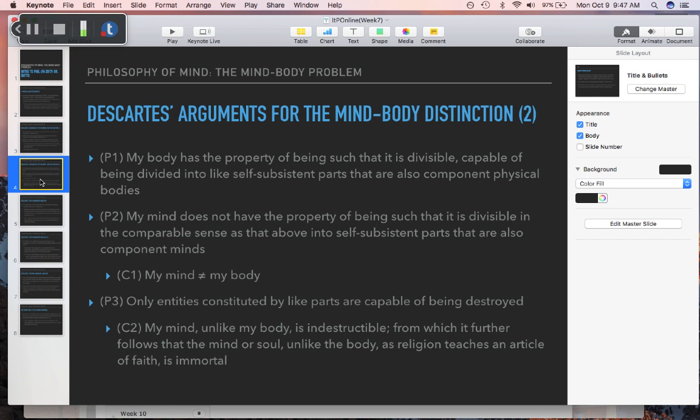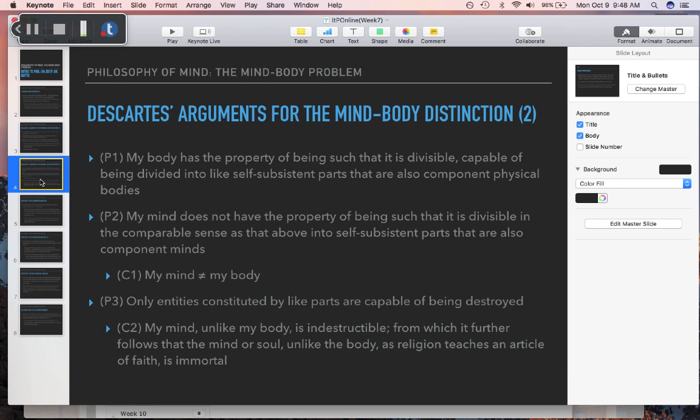You can't chop your mind up into smaller parts which are then identifiable as a distinct thing. You can pull a finger off and it's still some kind of object on its own, a detached finger. But you can't pull out part of your mind and say, oh, this is something all on its own. That's what Descartes is claiming, okay?